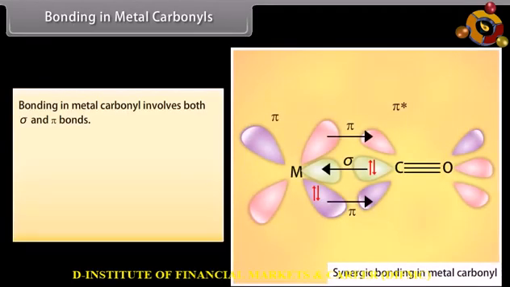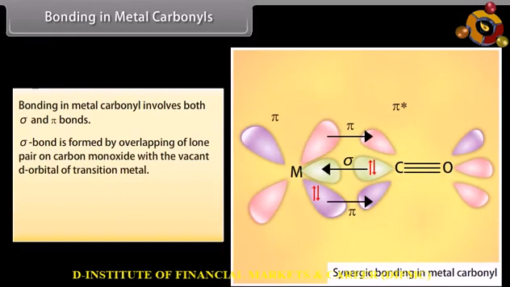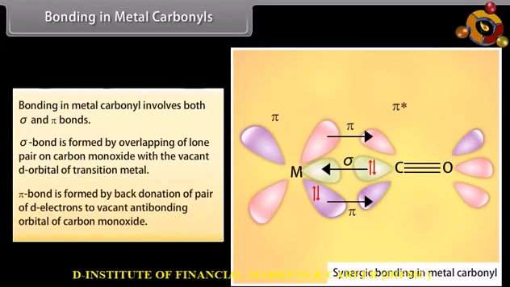Bonding in metal carbonyls involves both sigma and pi bonds. Sigma bond is formed by overlapping of a lone pair on carbon monoxide with the vacant d orbital of the transition metal. Pi bond is formed by back donation of a pair of d electrons to the vacant anti-bonding orbital of carbon monoxide.